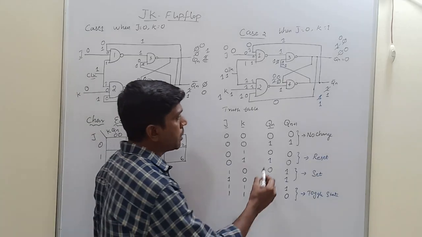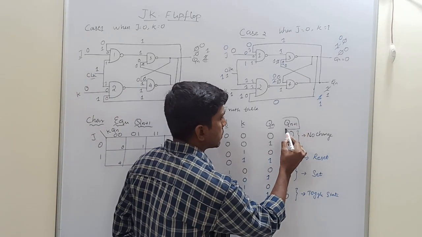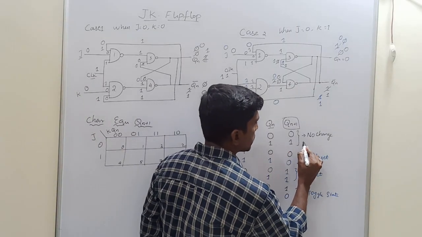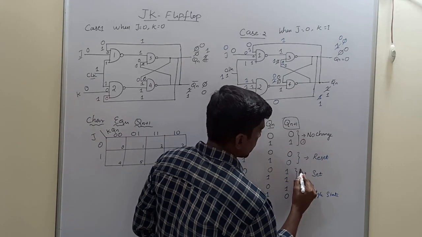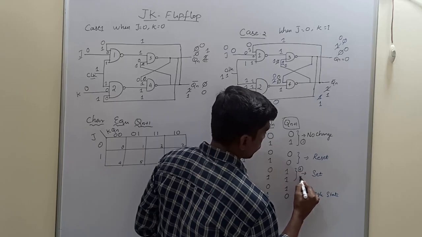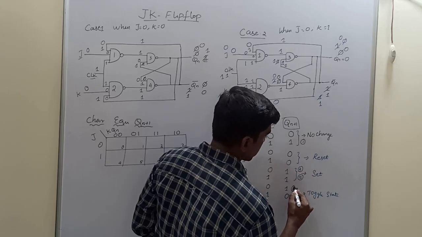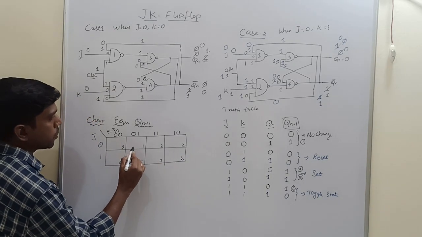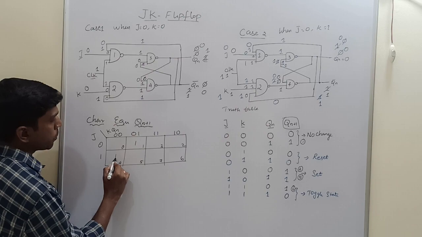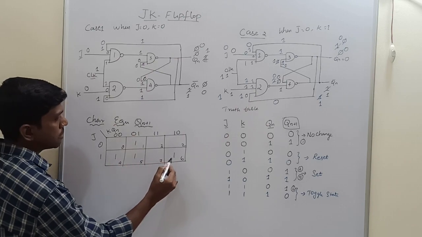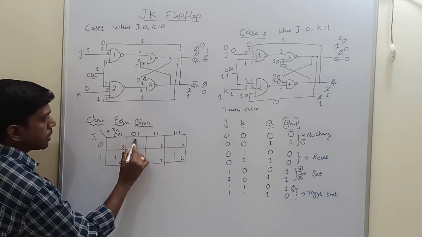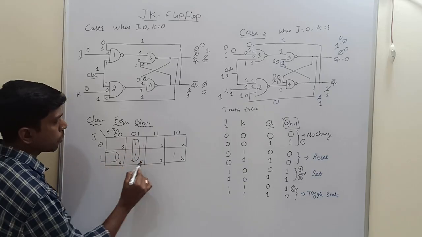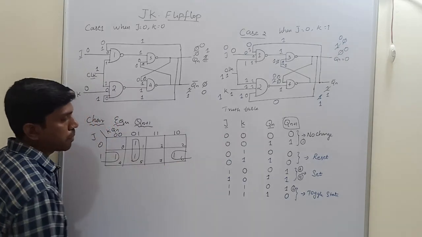So let me take the min terms for Qn plus 1. Here the min terms are 1, 4, 5, then 6. So in these cells I fixed min term value 1. So it's considered as one pair, 1 and 5. Then 4 and 6 is the other pair.